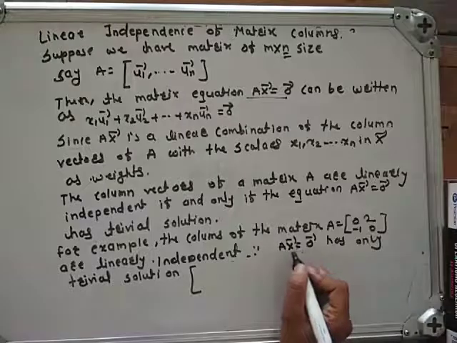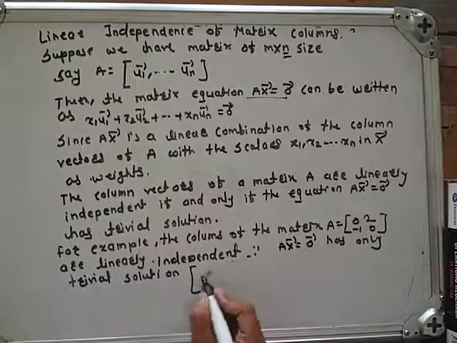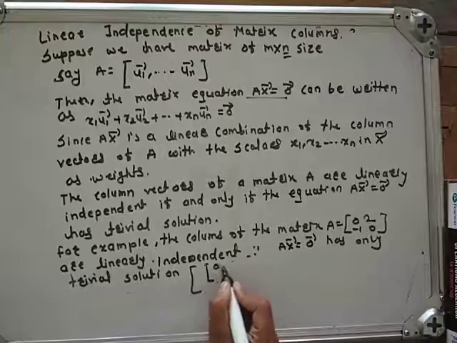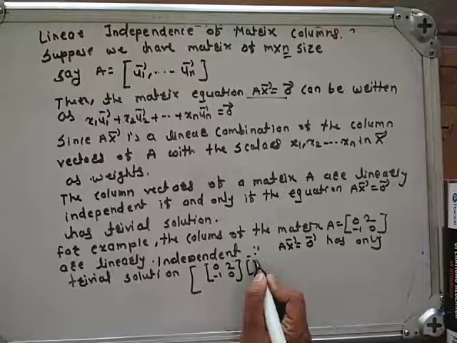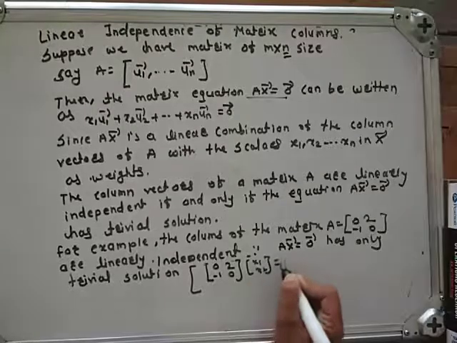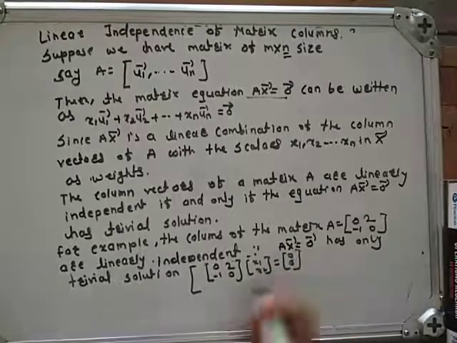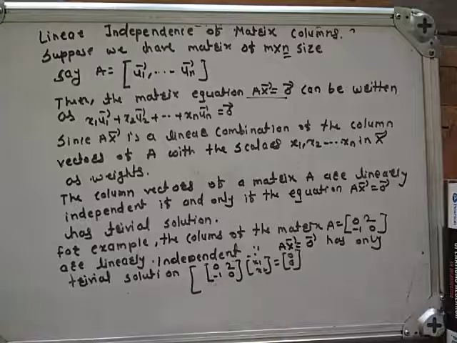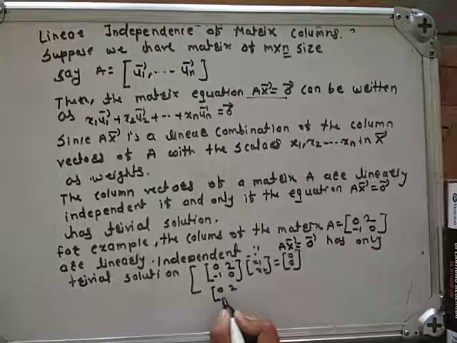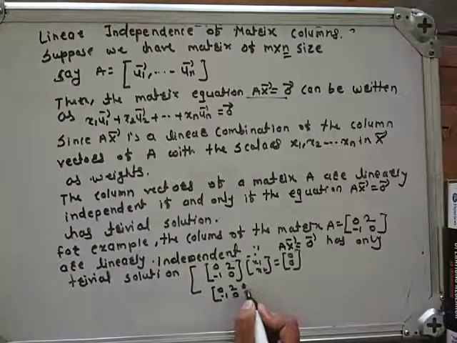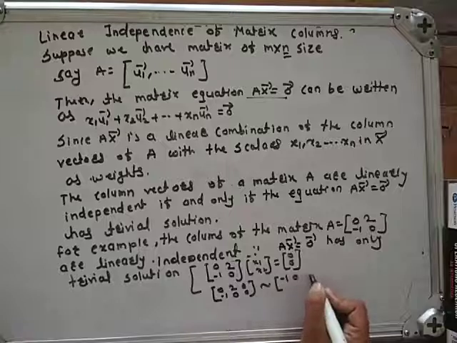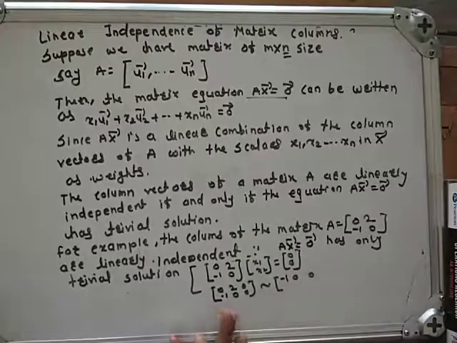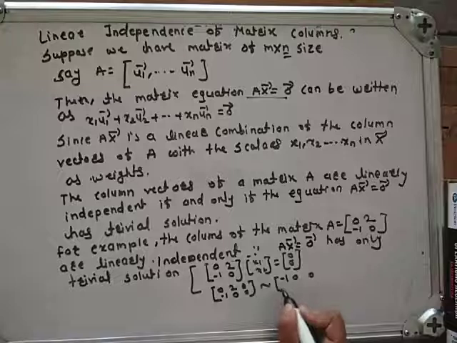Why does A into x bar equal to 0 bar have only the trivial solution? Suppose the matrix 0, 2, -1, 0 times x1, x2 is equal to 0, 0. Okay. Write down its augmented matrix, which is 0, 2, -1, 0, 0, 0. Interchange the first row and second row.